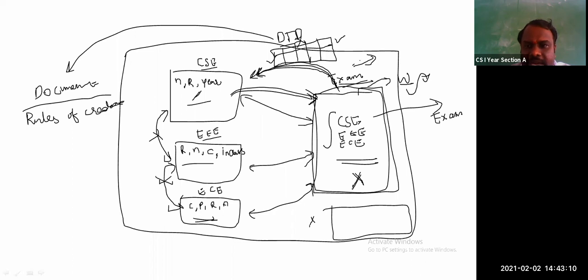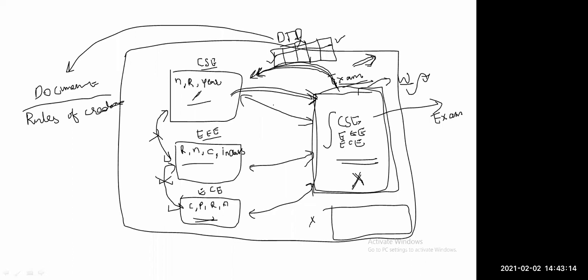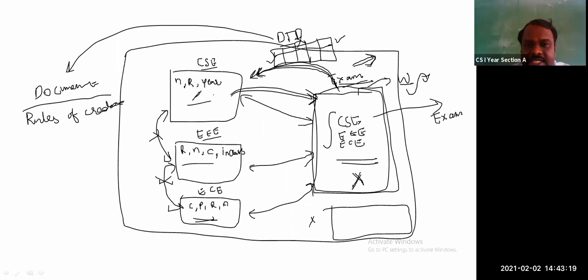After sending, does the exam branch blindly believe their data? No, sir. It won't believe the given data directly. They have to validate whether the data is present properly or not. So they will test this XML document against this DTD.